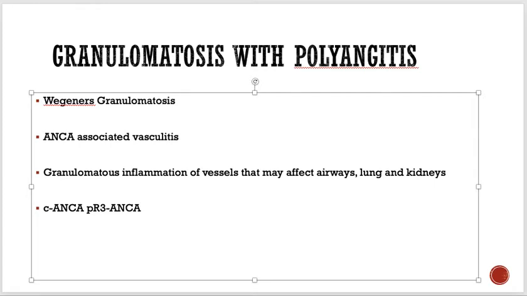So now, what are the signs and symptoms, guys? They will remain the same. These are the patients who will give some systemic features, like the same thing which I told you in the start: malaise, fever, weight loss, fatigue, all this stuff.